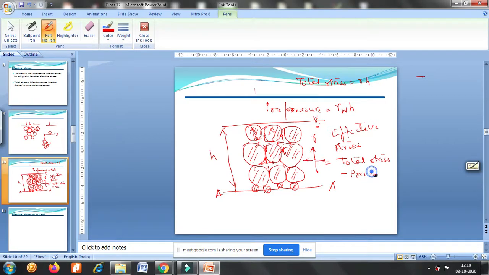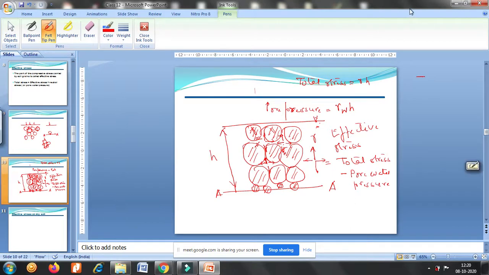The pore water pressure acts in the downward as well as upward direction, and upward means it is trying to reduce the weight of the soil solid. So if we take out the stress given by the water from the total stress, then only the stress given by the soil grain will remain, and that is the effective stress.